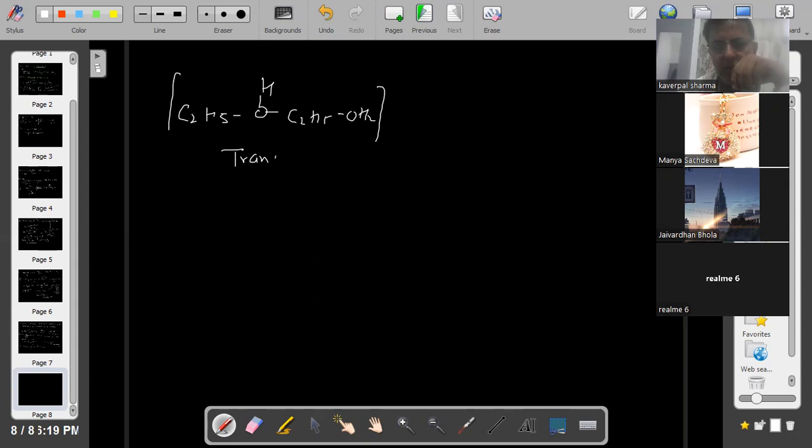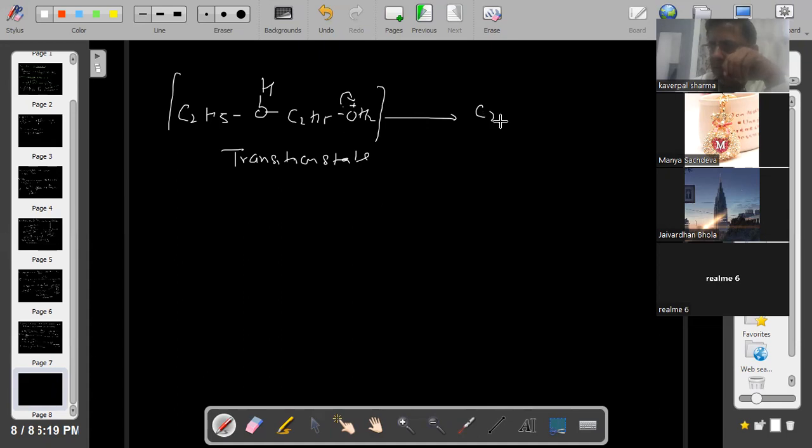So this is the transition state. It is unstable, the transition state always. Then it will lose this water molecule. This water molecule moves out. This is the proton here, and this proton shifted to this place.